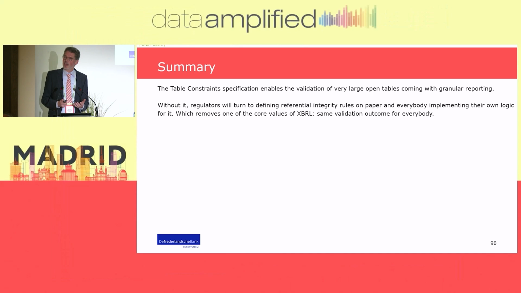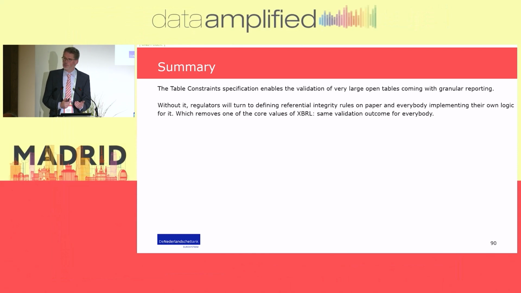And I think it's essential to have something like this, because we see the adoption of xBRL-CSV by many regulators. If they cannot do this kind of validation, they will say, okay, fine, I'll just define these rules on paper. Everybody will end up writing his own validator, and then we go back to the dark ages where we would be fighting each other over who has implemented the specification in the best way.